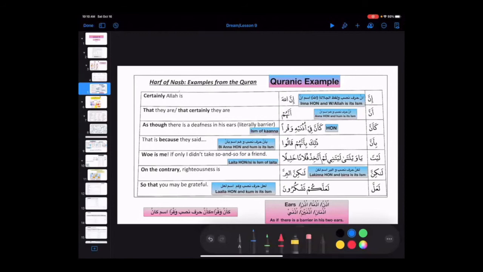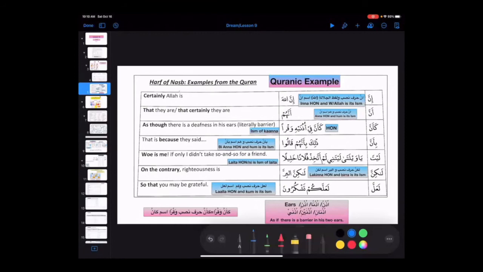Okay, then one interesting thing: we know that muslimuna is rafa in status, and muslimina, we say, could be nasab or jar.